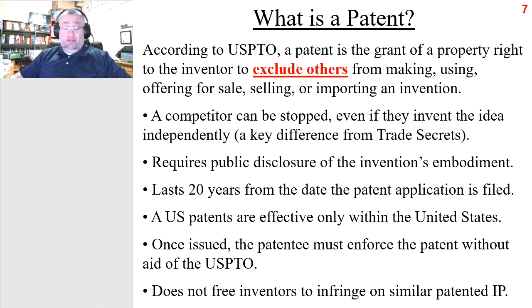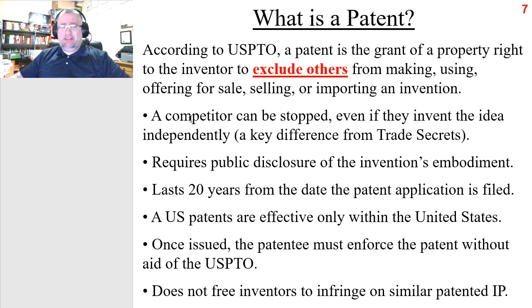If you've seen the trade secret presentation, you know that if somebody else infringes upon your trade secret and they're able to demonstrate that they came up with that innovation on their own, without industrial espionage, or lying, cheating, stealing in some way to get a hold of your trade secrets, then your trade secret is basically bunk, right? It's only defensible to the extent that nobody else knows how to do what you do.